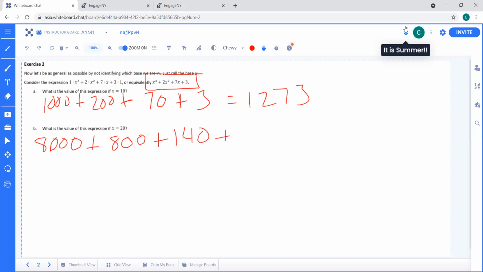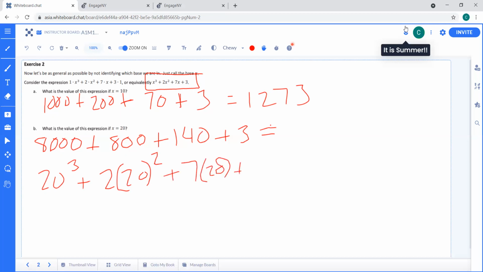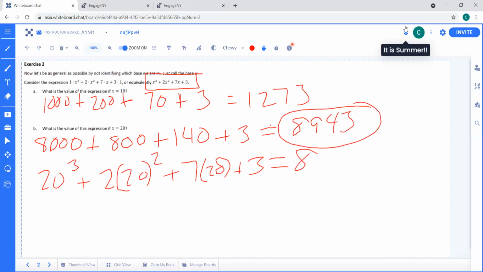And then plus 3. Hopefully, y'all followed with that, because we said 20 cubed plus 2 times 20 squared plus 7 times 20 plus 3, and that would equal 8,943. Same thing here. That was the same as those numbers on the front too.